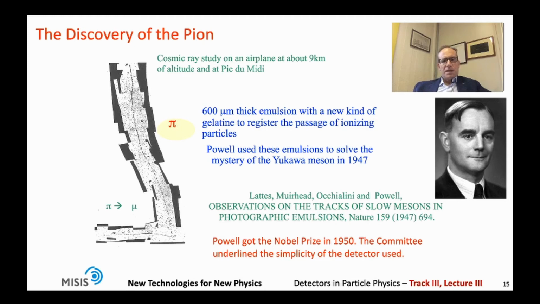One of the major achievements with this detector in the past was the discovery of the pion, which was solving the mystery of the Yukawa meson in 1947, and Powell got the Nobel Prize in 1950, and the committee actually underlined the simplicity of the detector used by Powell.